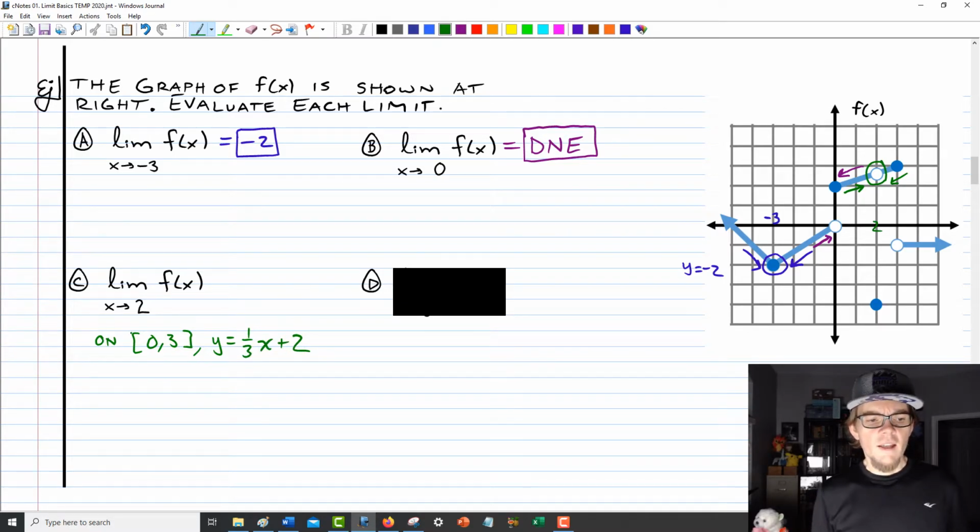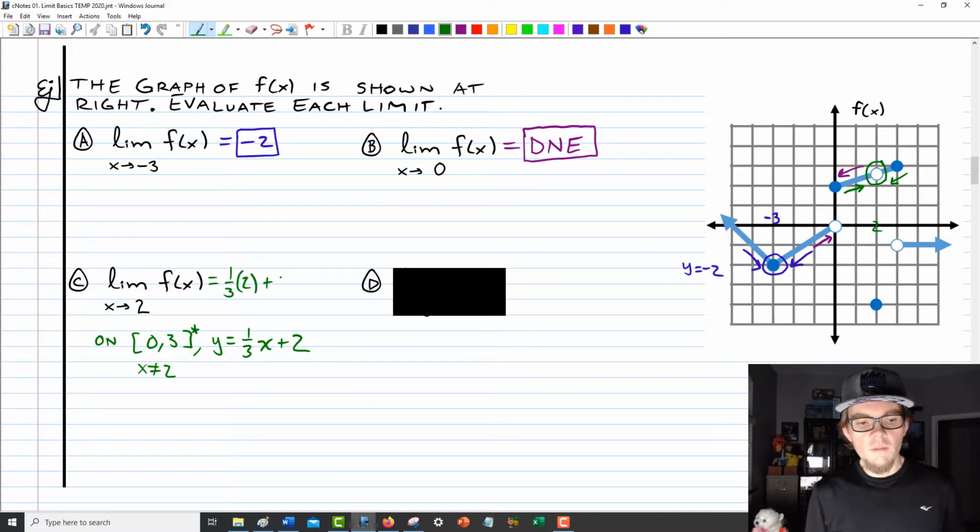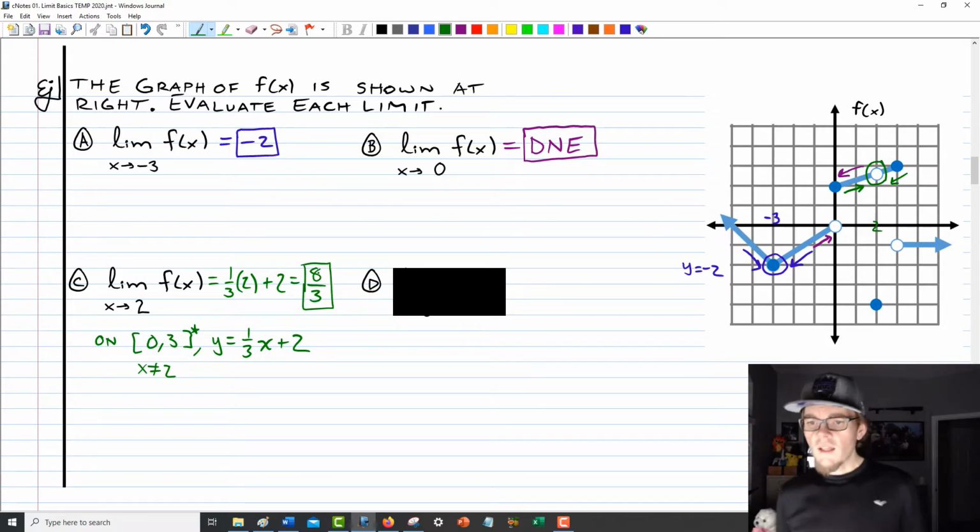That means that's what f of x is equal to. And by the way, this is kind of a lie. It's on that interval except for when x equals 2, but we'll set that aside for the moment. So if we want to evaluate this limit, we'll plug it into 1/3 x plus 2. We've got 2/3 plus 6/3, which is equal to 8/3, also known as 2 2/3, and that does look pretty reasonable for what I see on the picture.